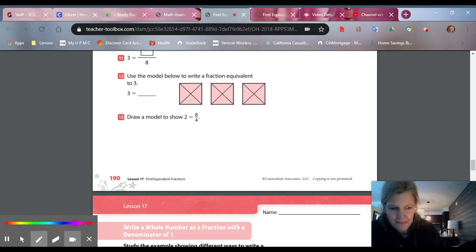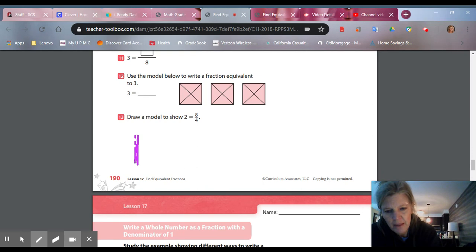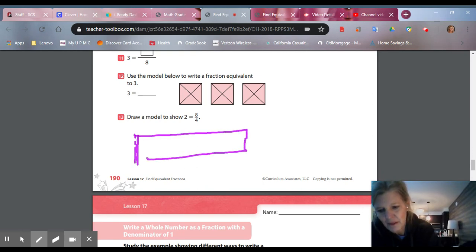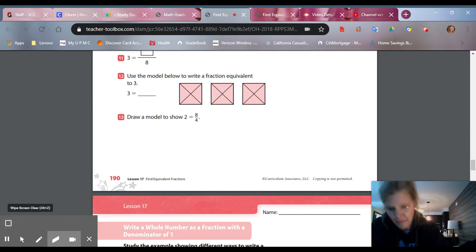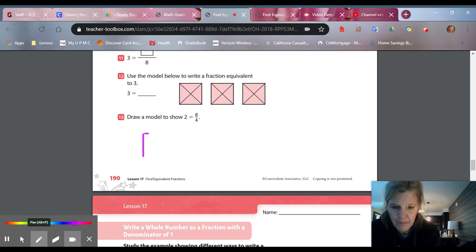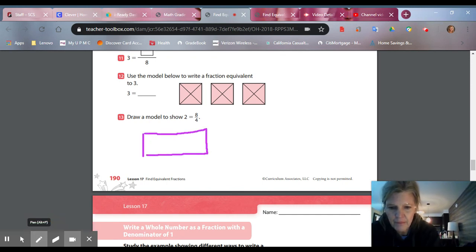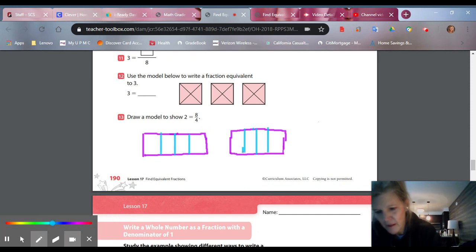So let's try 2 rectangles. Nope, don't like that. Let me try again. Let's do 2 rectangles that are a little straighter. Okay, so now you see you have 2 rectangles, each broken into 4 equal parts.